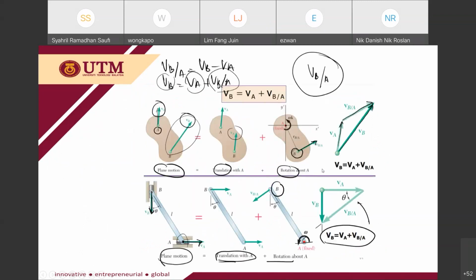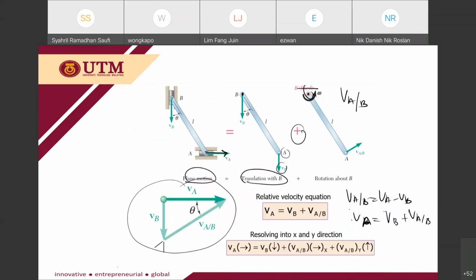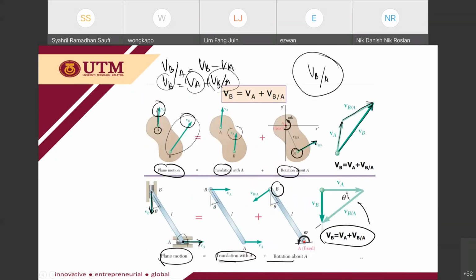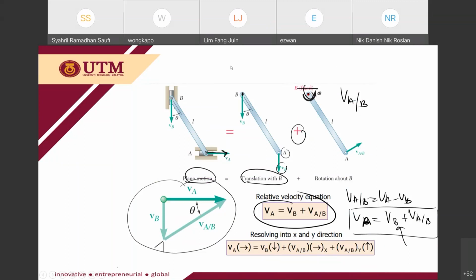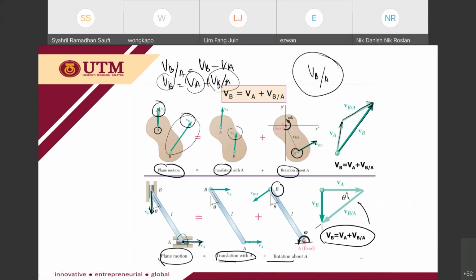You use this relative analysis to determine this VB. Basically, if you use this equation, if you choose point A or point B, you will get the same answer. Let's say here you use translation with B and rotation about B. The answer is still the same as if you use translation with A or rotation about A. It's the same thing.